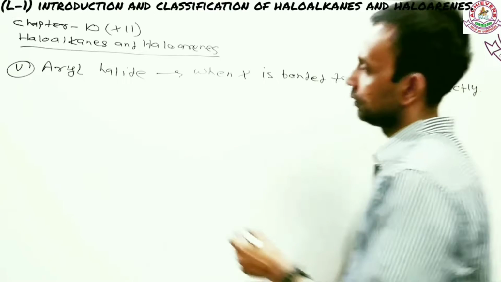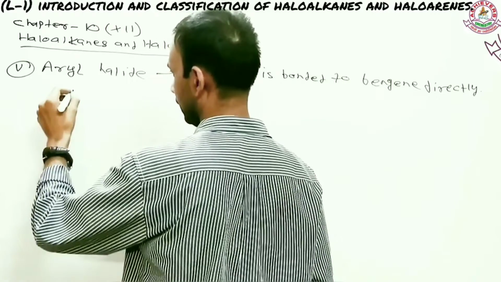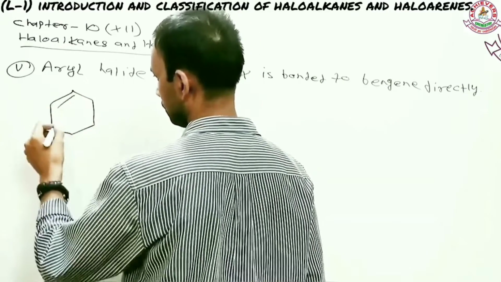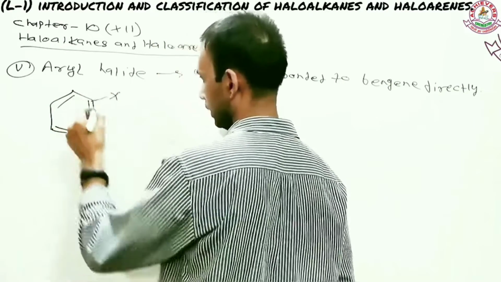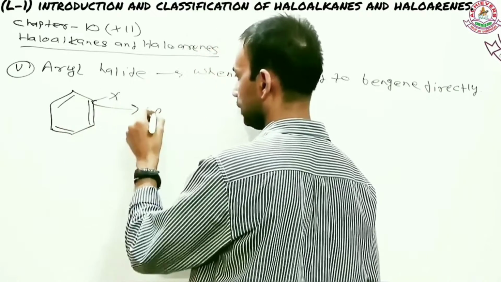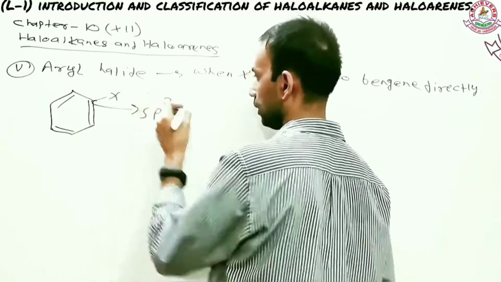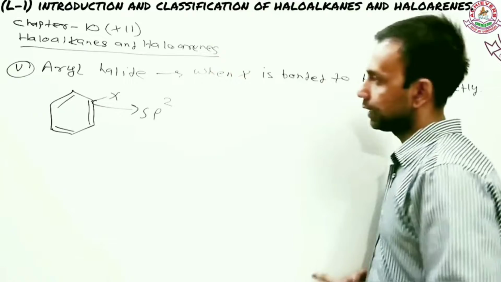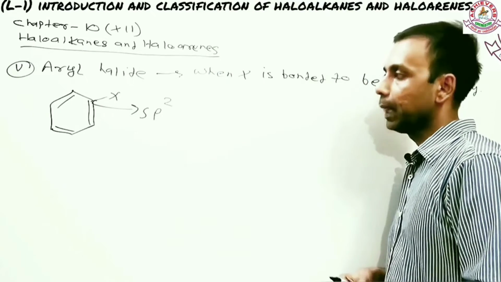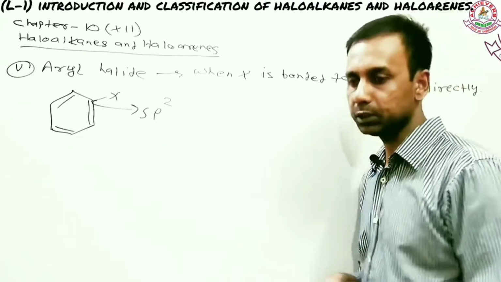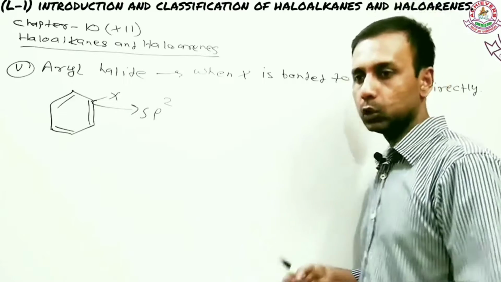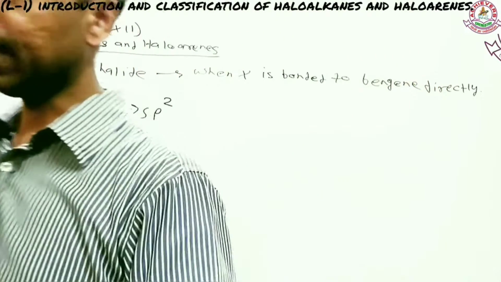So what does that mean? This is what an aryl halide may be. This is an aryl halide. The hybridization here is going to be sp2. So when a halogen is directly bonded to benzene, it is called an aryl halide, where the hybridization of the carbon to which the halogen is bonded is sp2. So this is what aryl halides are.